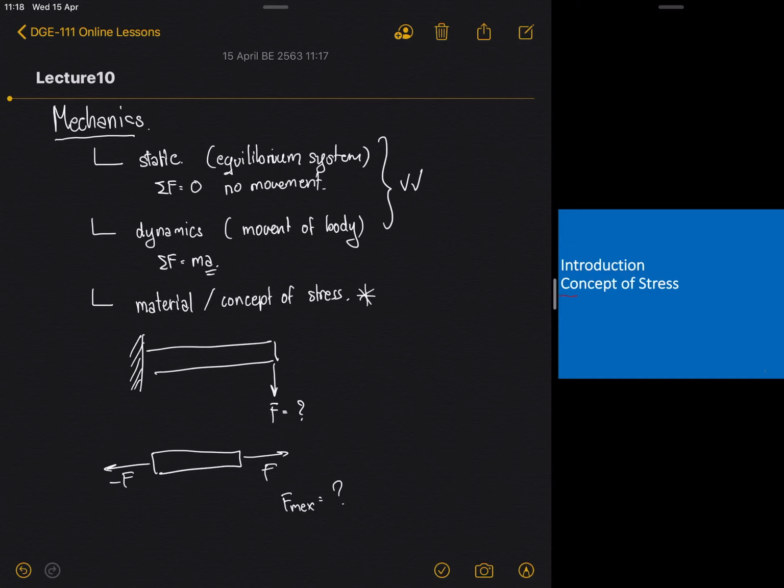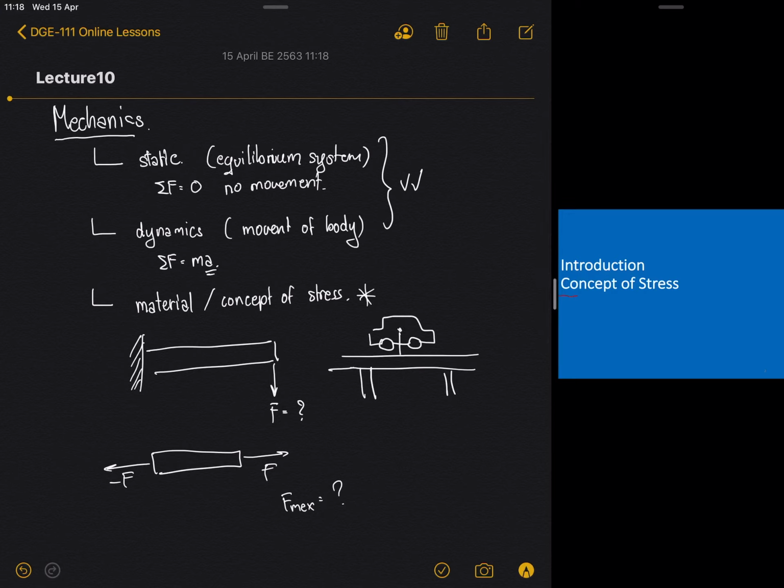For example, in the future, maybe you are a designer and you have to design something which has to withstand a certain load. For example, you design a bridge and you have a car on it.